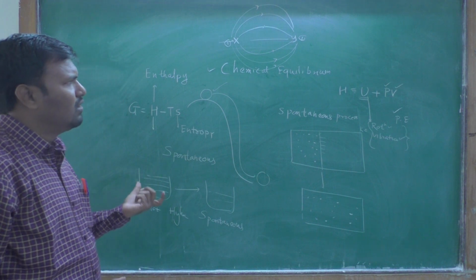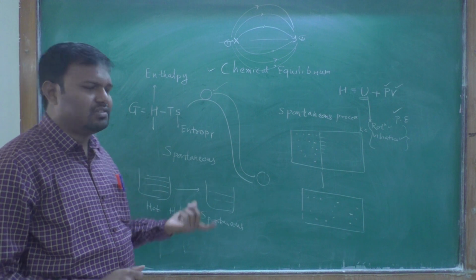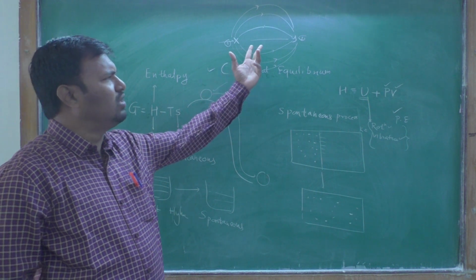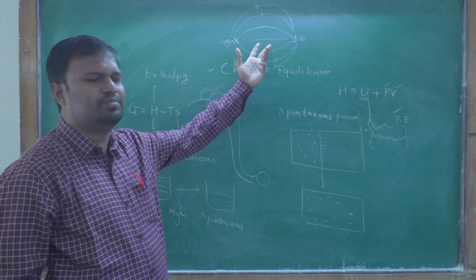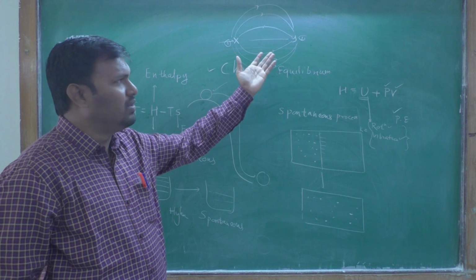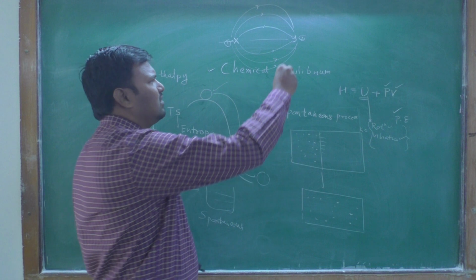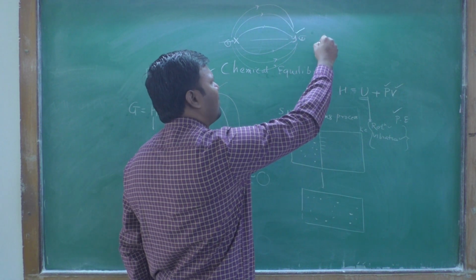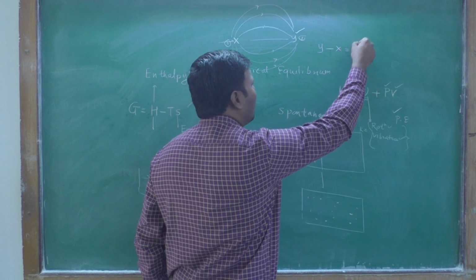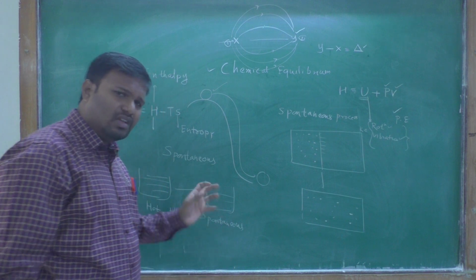But that state is obtained by the system by different ways. Therefore, when we try to find out the change in Gibbs energy, enthalpy, or entropy, we can simply calculate it as the final state minus the initial state. You can easily obtain the values of change in those properties.